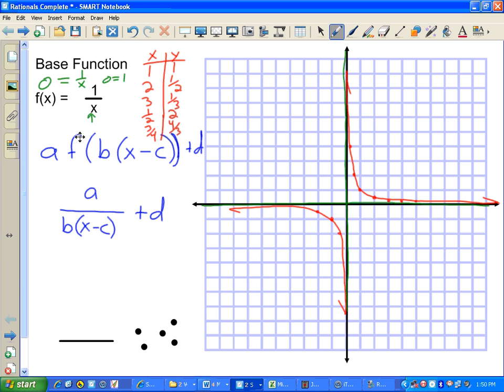So now if we start looking at our changes, d, that's going to shift our graph up or down. So the most noticeable thing that it's going to change is where our horizontal asymptote is. Okay, so if I've got +5 on the outside, we're in the d position, that means my horizontal asymptote is going to move up 5 places. It would move up to here. Okay, the c shifts our graph left or right. So that's really going to move my vertical asymptote left or right.